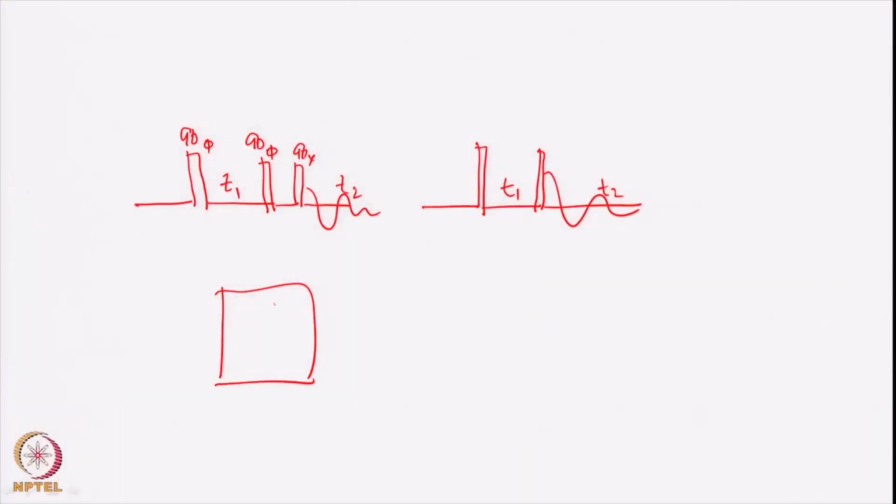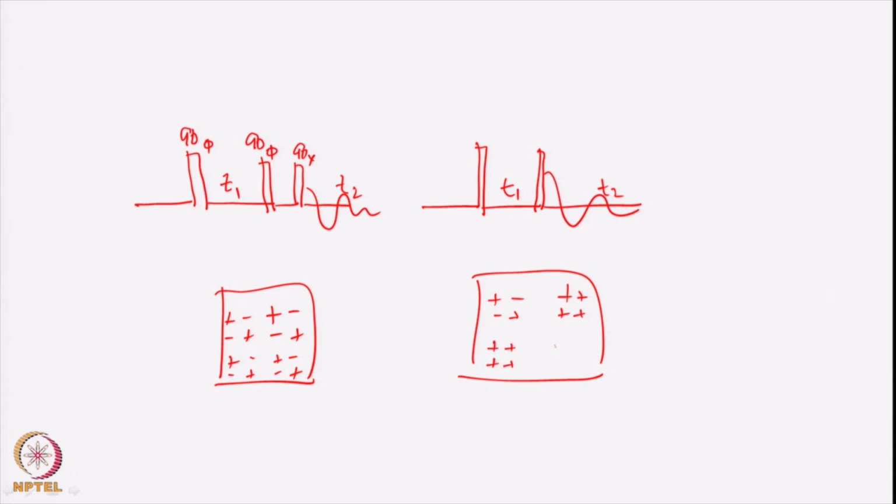The double quantum filtered COSY had antiphase character. So, you had minus minus minus plus, plus minus minus plus, plus minus minus plus, plus minus minus plus, and this was in comparison with the COSY where it was all plus plus plus plus here, plus minus minus plus, plus plus plus plus, plus minus minus plus, and these are dispersive line shapes here and these are absorptive line shapes.